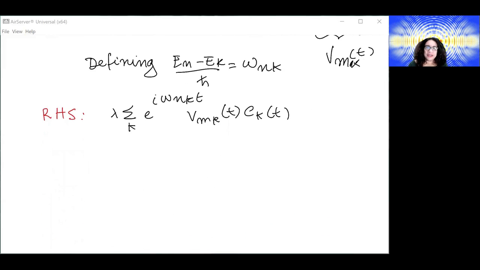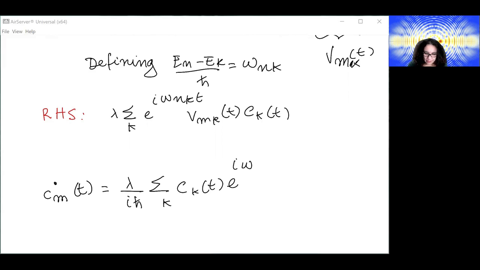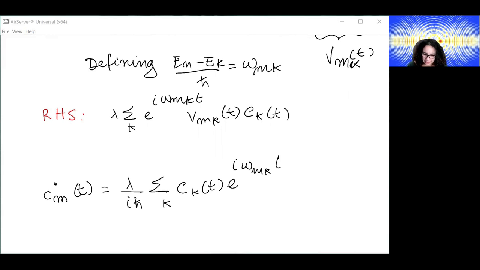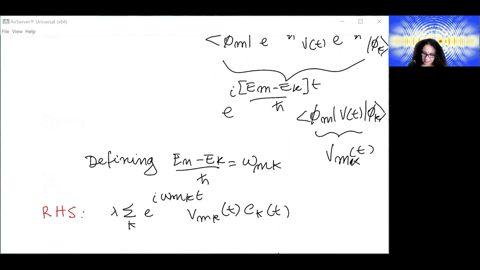So bringing everything together, then we can say, if we divide by i h-bar, that c_m dot(t) is equal to lambda divided by i h-bar sum over k c_k(t) e^{i omega_mk t} V_mk(t), whereby V_mk(t) is this matrix element of this operator.